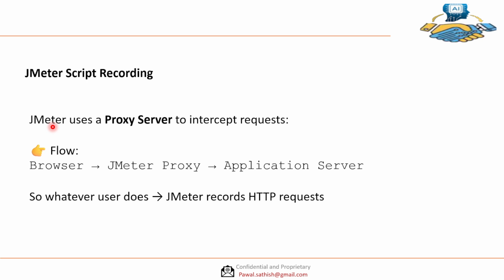Here we can see the core concept of JMeter and how JMeter uses recording. Internally, JMeter uses a proxy server to intercept the request. We set our proxy settings in the browser, and after that we perform actions in the application. Whatever the user does, JMeter records using HTTP or HTTPS requests, and the recording is saved.